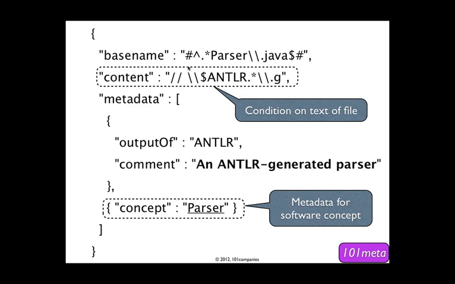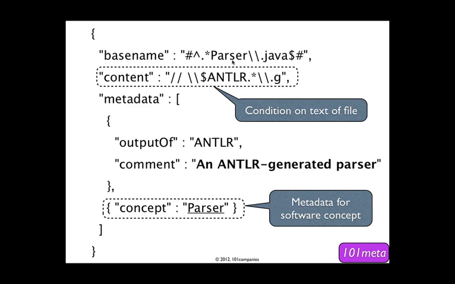So what we do is add another part to the condition, namely we look at the content, at the text of the file, and we look for this pattern. Essentially we look for a Java comment here, $ANTLR, again some characters, and then .g, because this is the kind of signature that ANTLR places in all generated files.